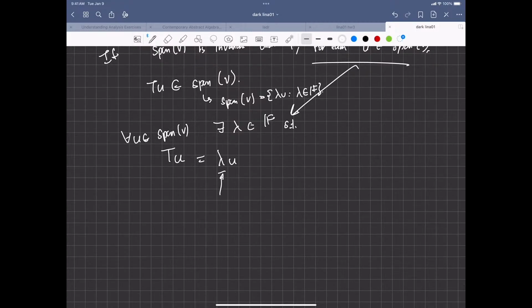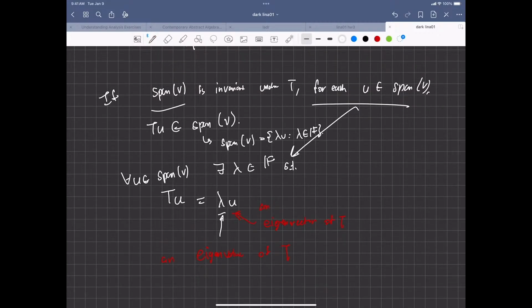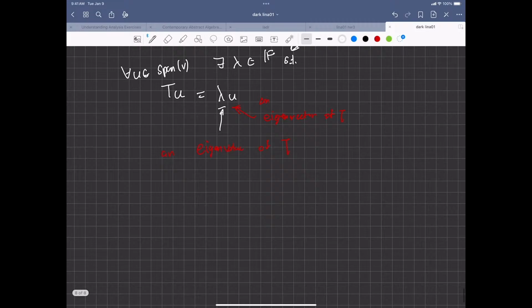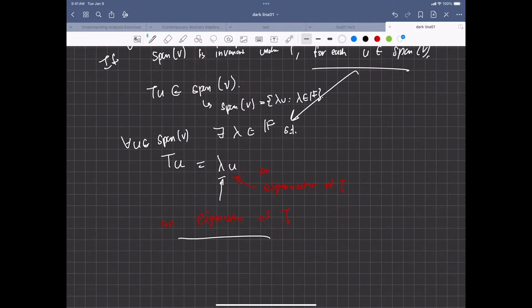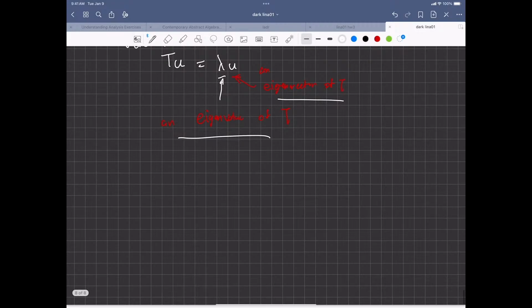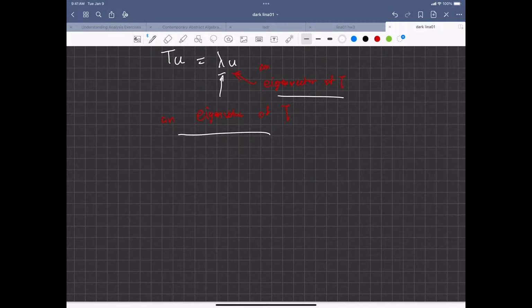So this lambda here is called the eigenvalue of T, and this vector here is an eigenvector of T. So if v is a vector such that the span of v is invariant under T, then you have eigenvalues of T and eigenvectors of T. That's the whole idea of the eigenvalue.